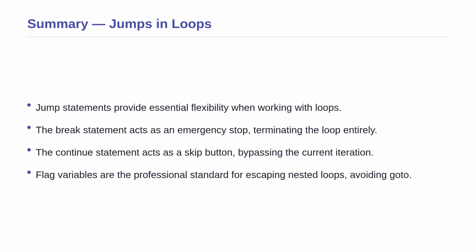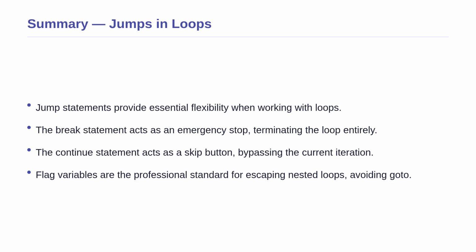We have covered a lot of ground today, so let us review our key takeaways. First, jump statements provide essential flexibility, allowing us to break the rigid rules of standard loops when real-world problems demand it. We learned that the break statement acts as an emergency stop, completely terminating the loop when a specific condition is met.